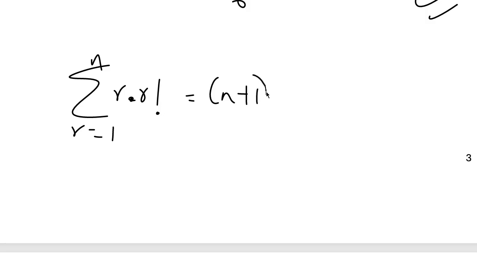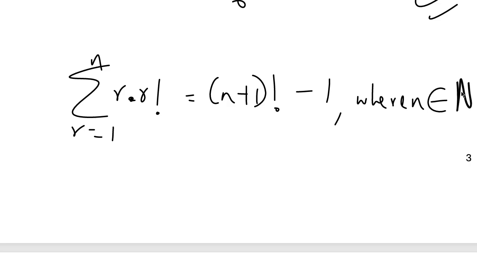Then let's say you are given this to attempt: the summation from r equal to 1 to n of r times r factorial is equal to n plus 1 factorial minus 1, where n is a member of the set of natural numbers, right?